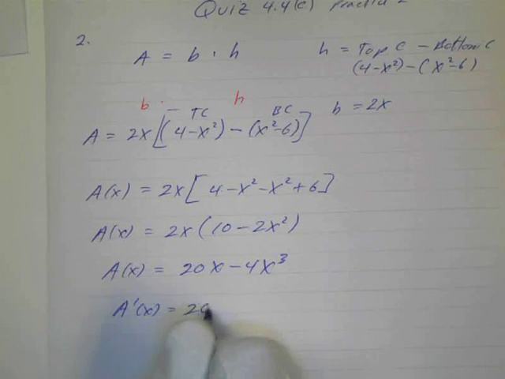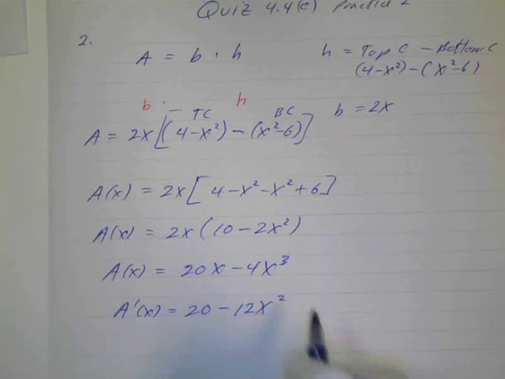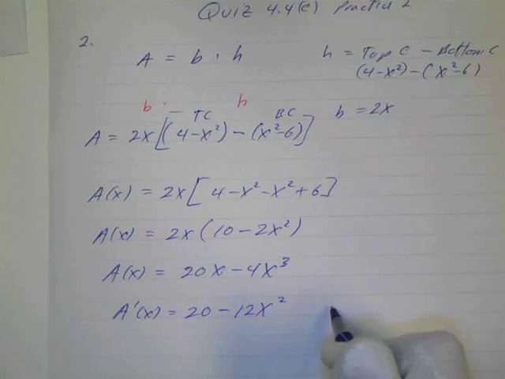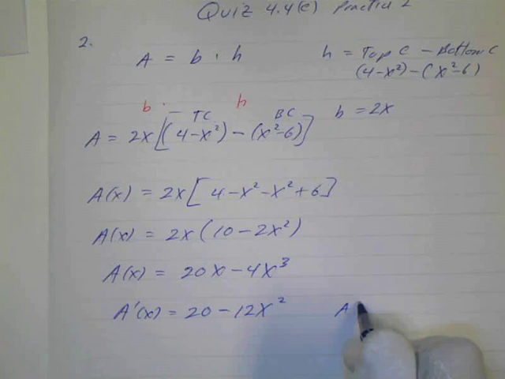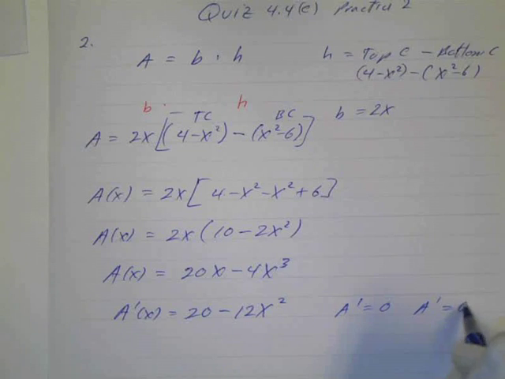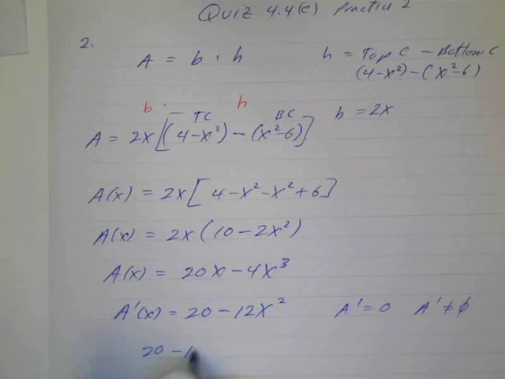That just equals 20 minus 12x squared. We're always going to do the first derivative test, or just check what we got. It's not undefined, so we're just going to set this equal to 0. So 20 minus 12x squared equals 0.